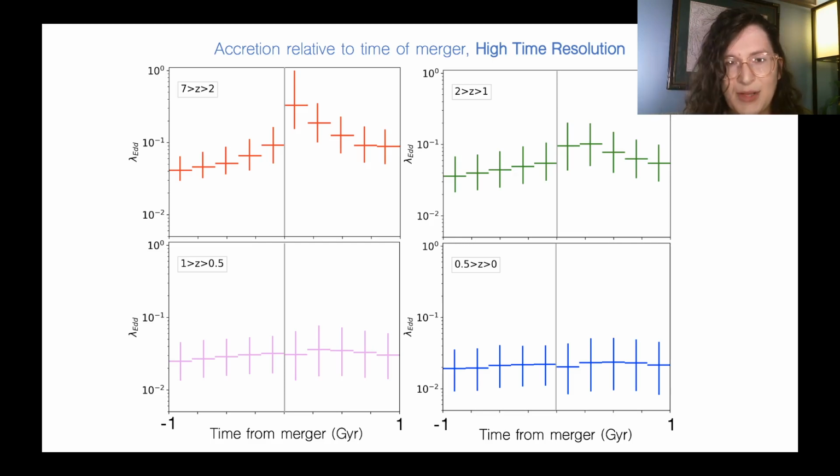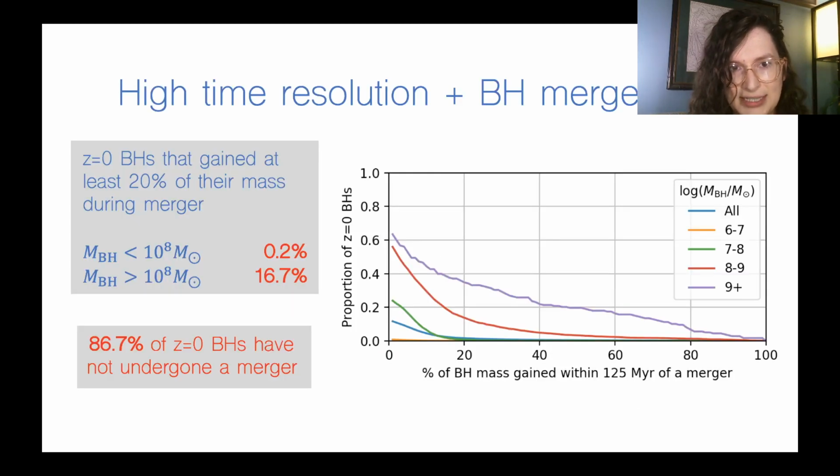This is still pretty compelling analysis at high redshift, but we can also do something really cool now that we have this high time resolution data. For each merging event, we looked at the time around that merging event and calculated the accretion that occurred just close to the time of merger.